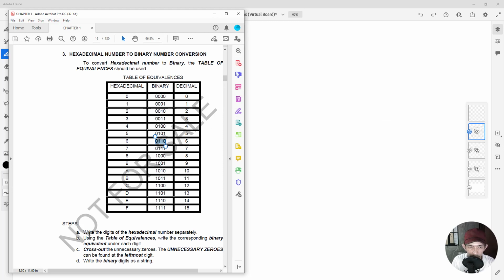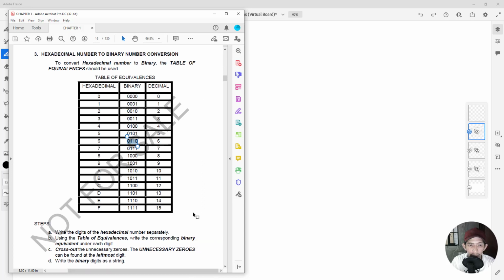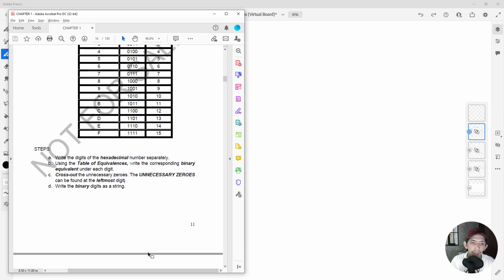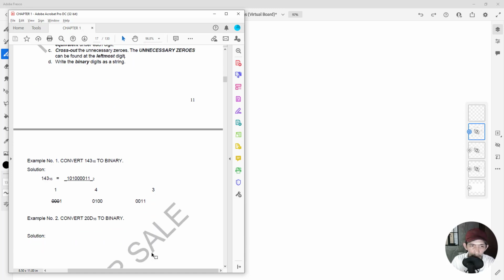So, the steps are: write the digits of the hexadecimal number separately. Using the table of equivalences, write the corresponding binary equivalent under each digit. Cross out unnecessary zeros on the leftmost digits. Write the binary digits as a string. So how is that done? We have here an example.